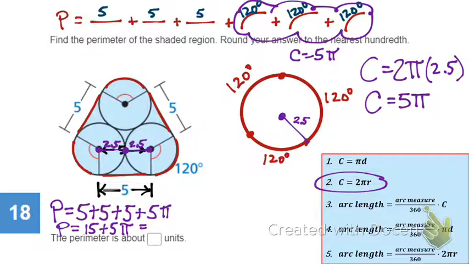And if we grab our calculator and we add 15 plus 5 pi, we'll get 30.7079632. And in the directions, it says round to the nearest hundredth. So we want to keep this much of our number, and this 7 will cause the 0 to turn into a 1. So our perimeter is about 30.71 units. So the answer that we would want to put right there is 30.71.